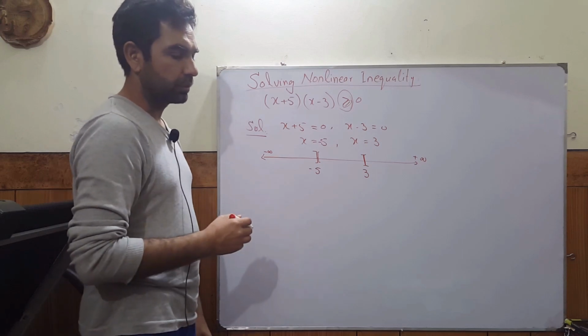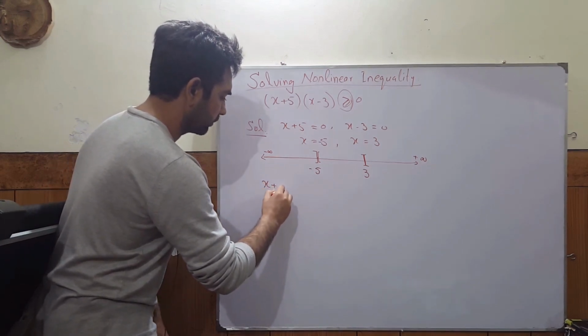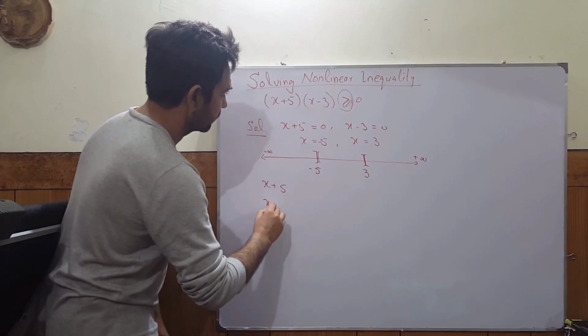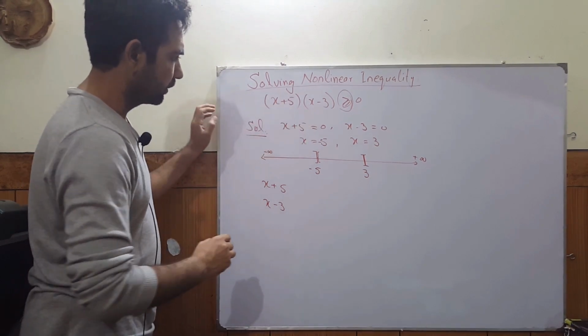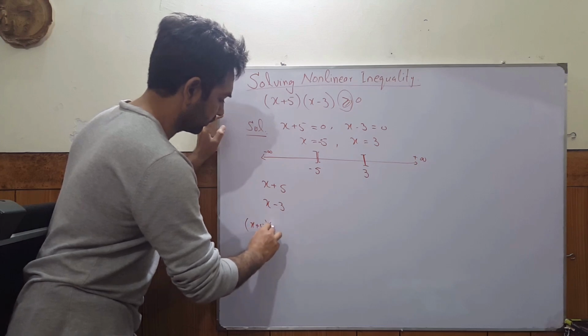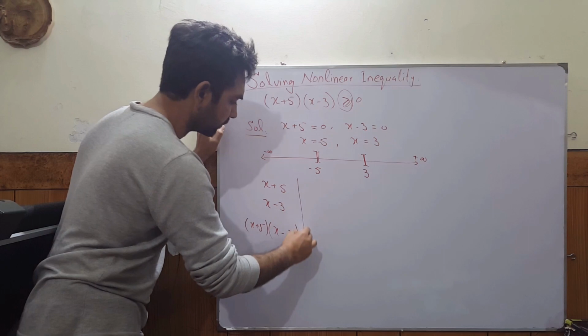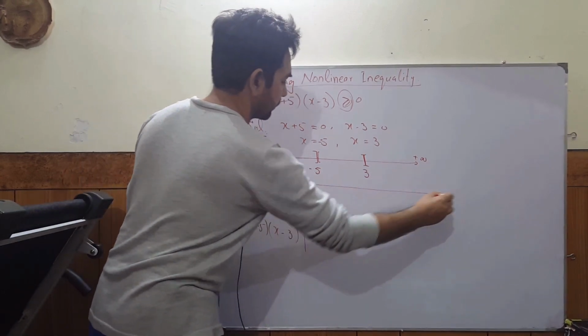So to find those out, you write down both the factors, right? And then you write down the exact inequality, and then you write down the interval.